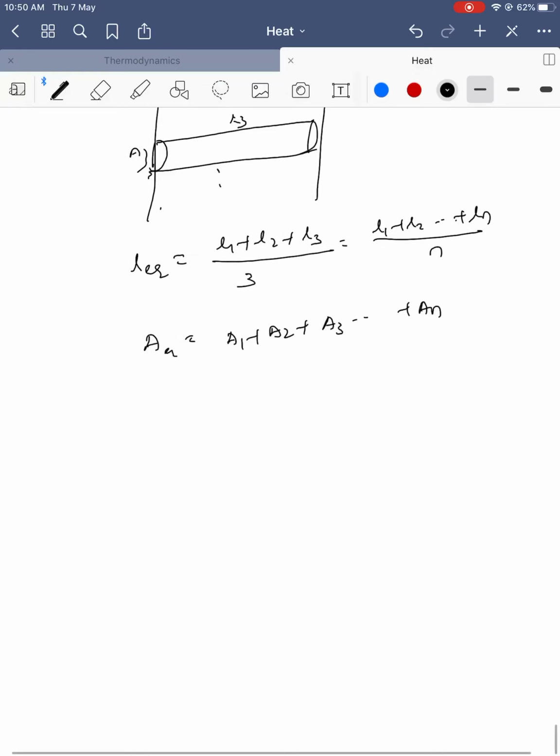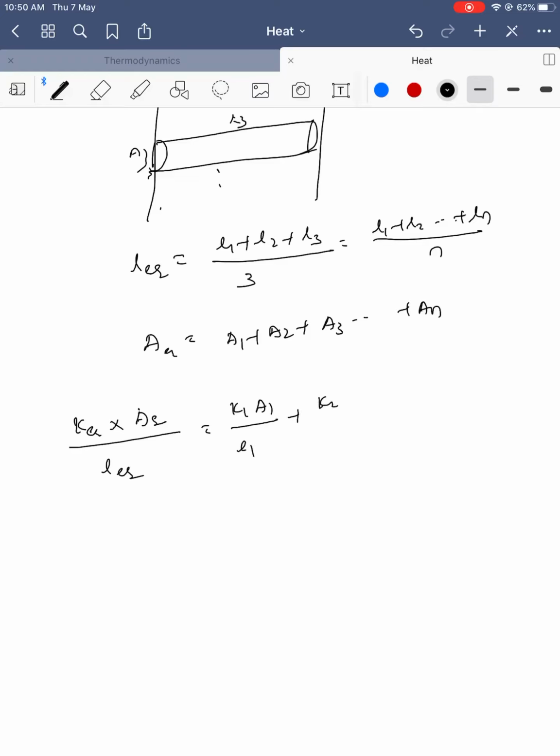Then R equivalent is equal to L equivalent by K equivalent into A equivalent, which is equal to K1 A1 by L1 plus K2 A2 by L2 plus and so on plus Kn An by Ln.